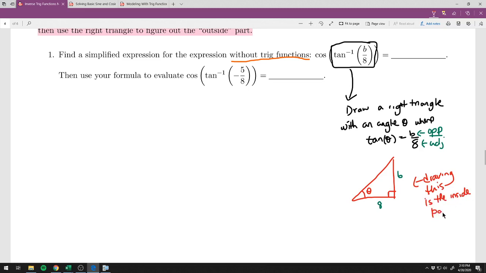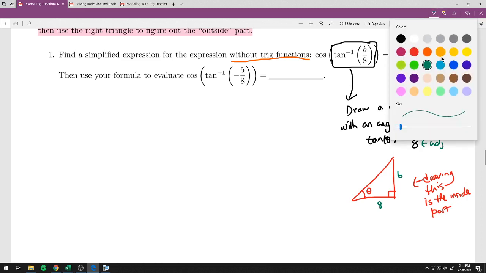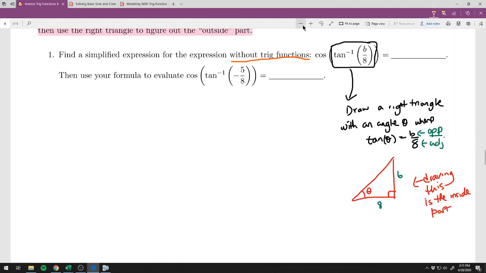Right? So once you take care of the inside part by drawing your right triangle and labeling the sides, then we want to do the outside part, meaning I want to get cosine of theta. We want to get a formula or an expression for cosine of theta in our triangle.